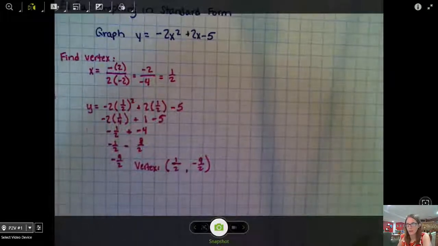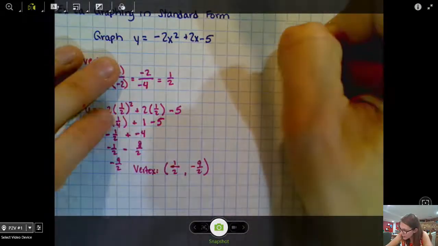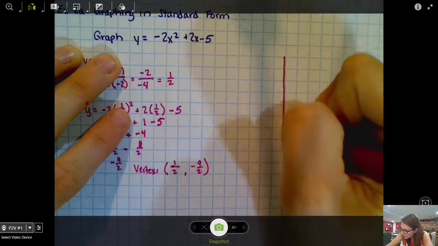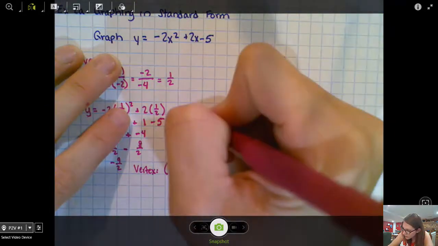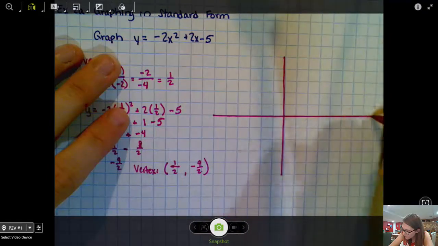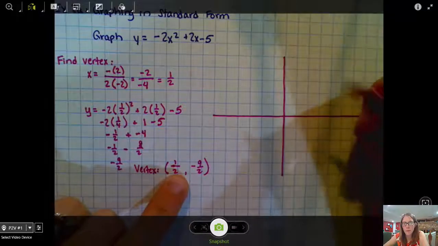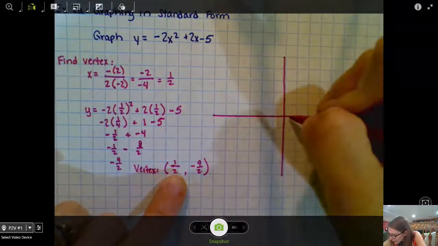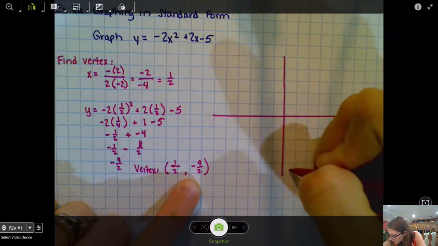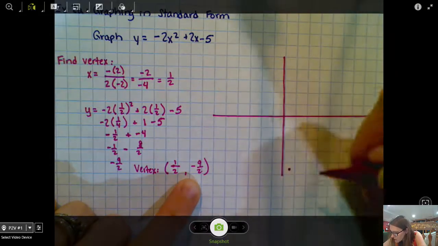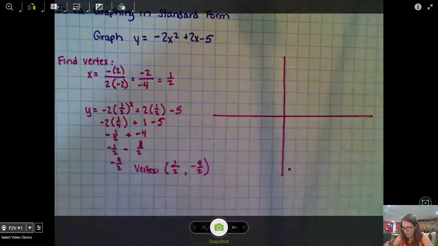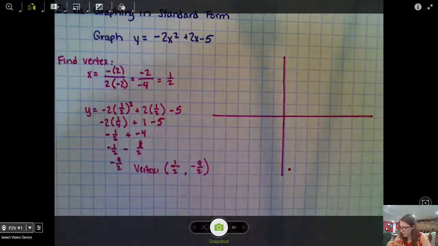Alright, let's plot that vertex. (1/2), negative 9/2 is right here. Okay, now I'm going to draw on my axis of symmetry, and I will use a different color here.